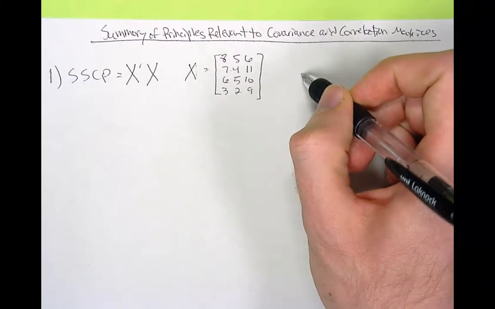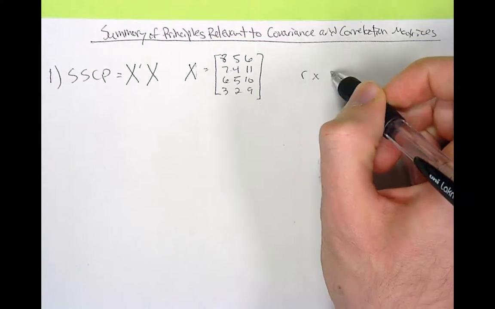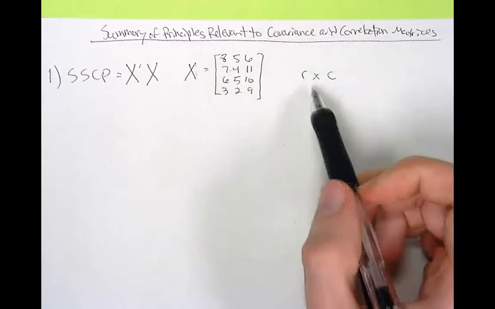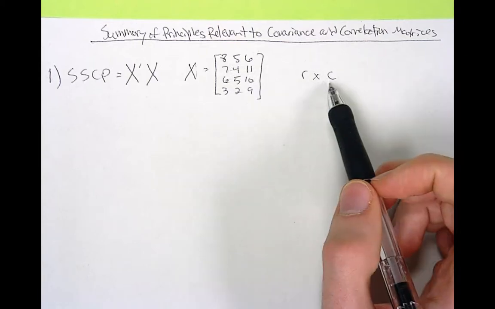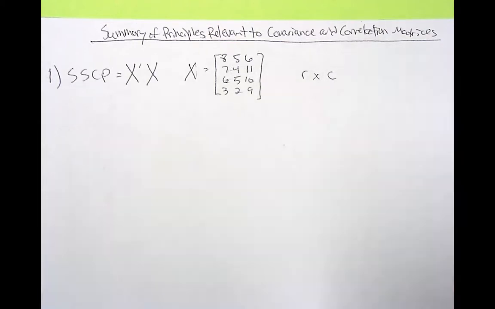So it's R by C, rows by columns, with observations on the rows and variables on the columns. So once again, it's a special case of matrix multiplication applied to an observations by variables data matrix.